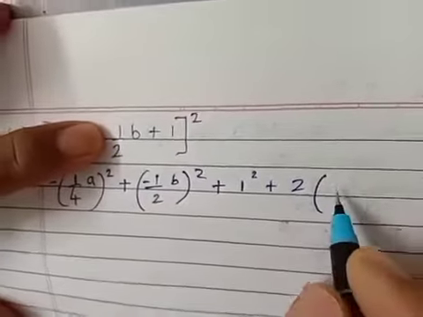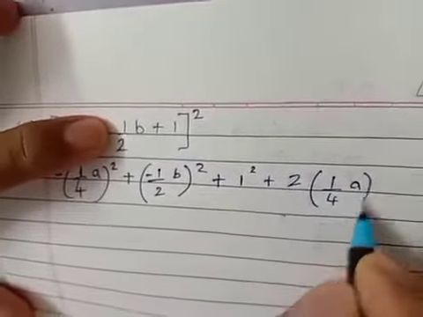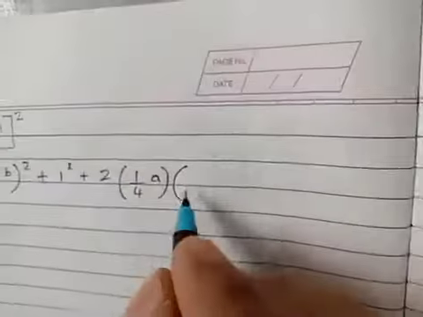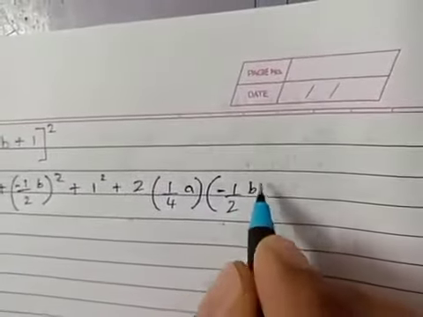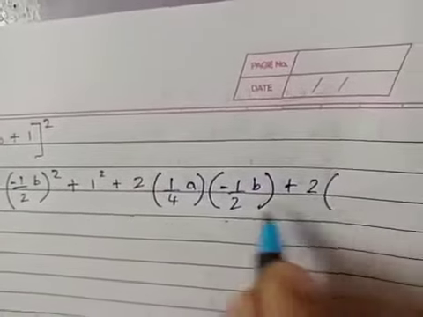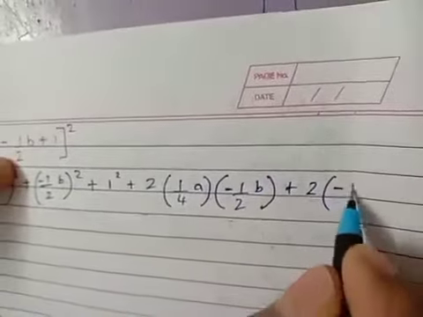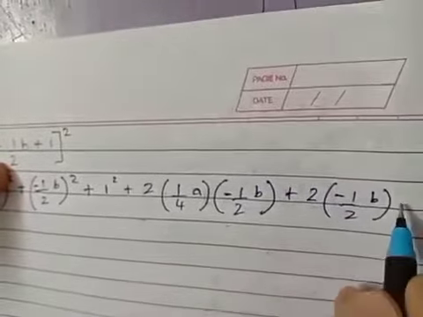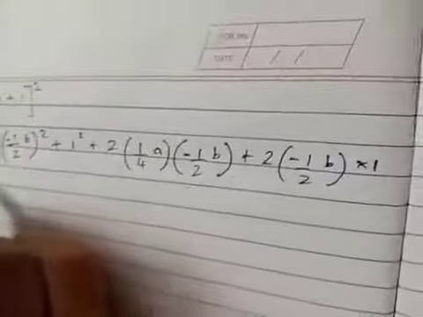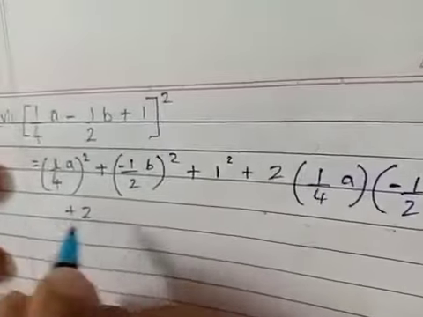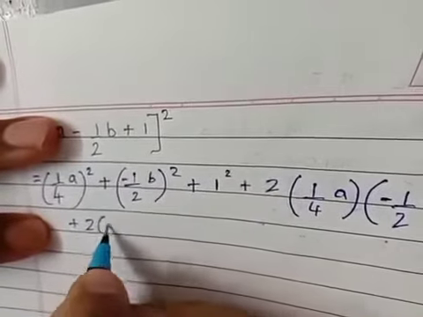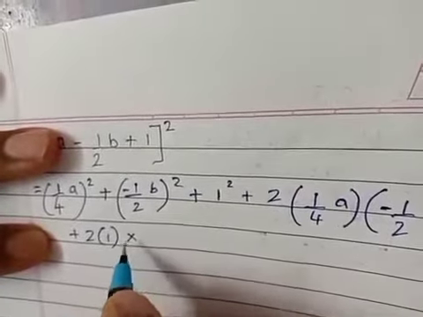plus 2 into a into b. What is a over here? 1/4a. And what is b over here? Minus half b. Okay, plus 2 into bc. What is b? Minus half b, and c is 1. Plus 2ca. What is c over here? 1, ca.